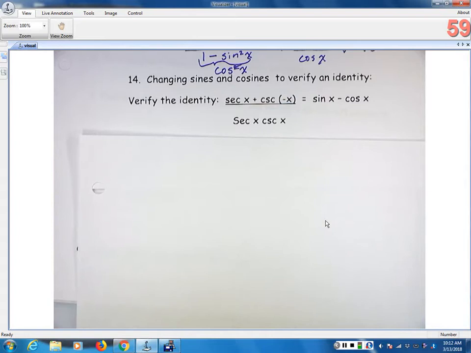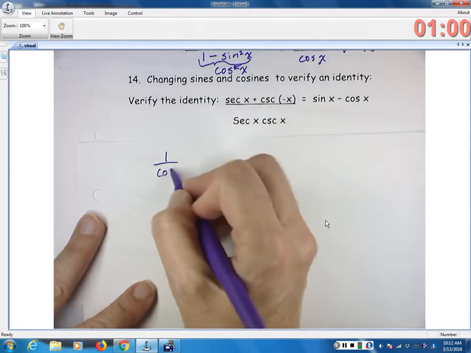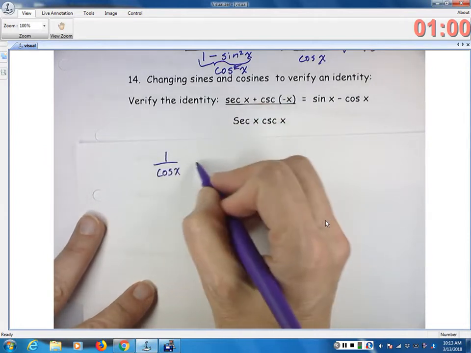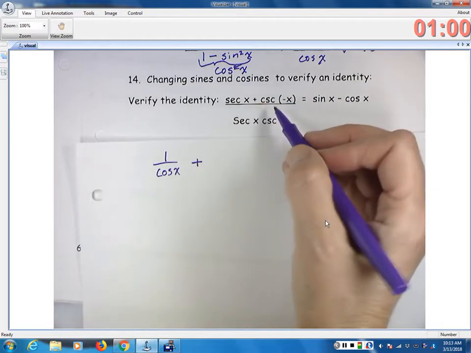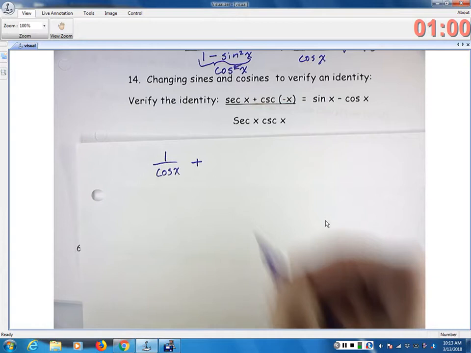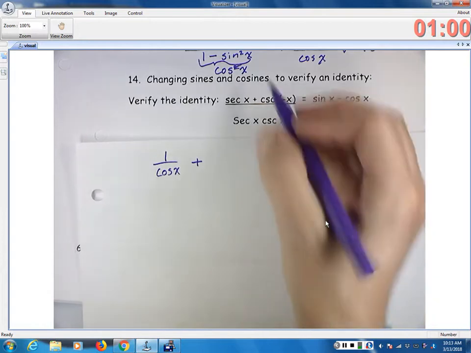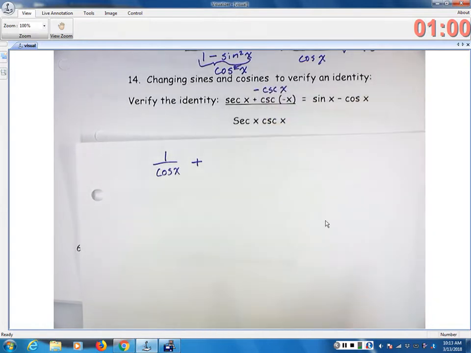Rewrite everything in terms of sine and cosine. I'm starting with the left side. Secant is 1 over cosine x. Use the properties: what's cosecant of negative x? Negative cosecant x, or minus 1 over sine x.